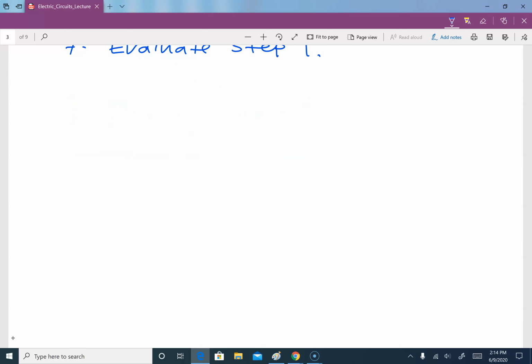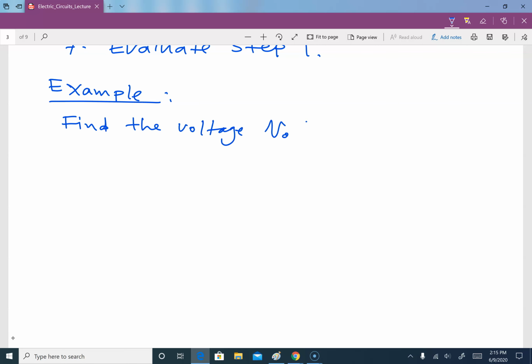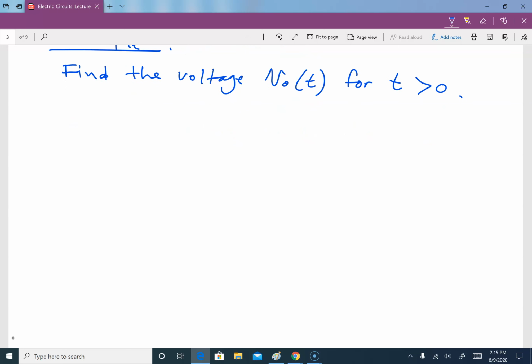So let us go over an example to show you how we can implement this method. Suppose that we are asked to find the voltage V naught of t for t greater than 0 in the following circuit.